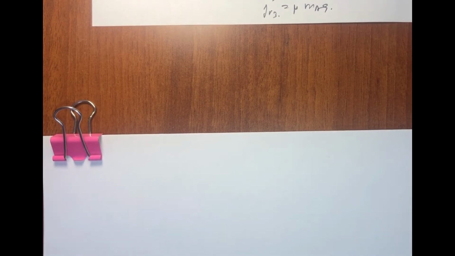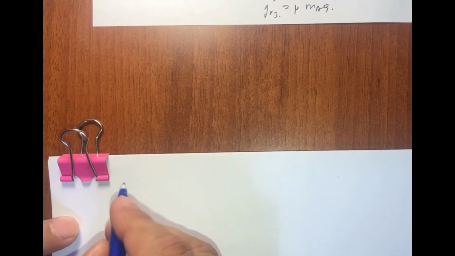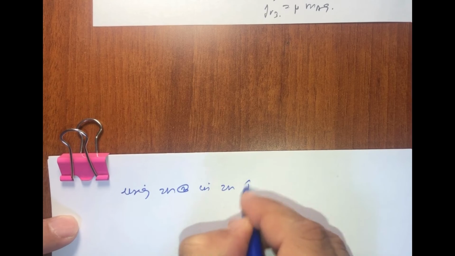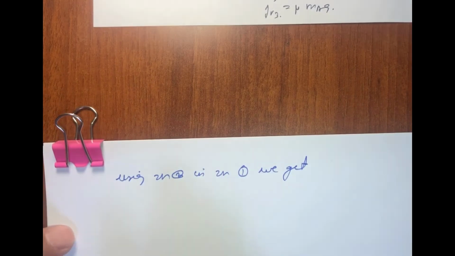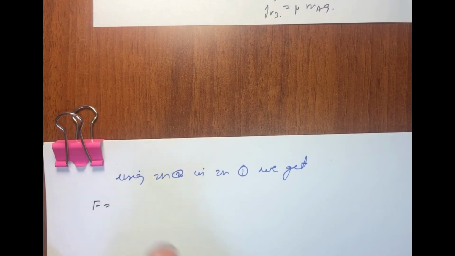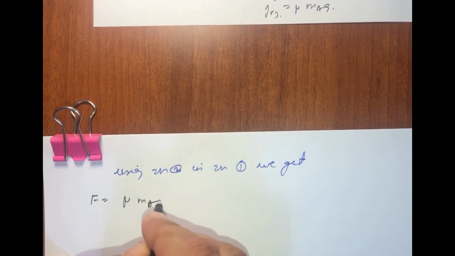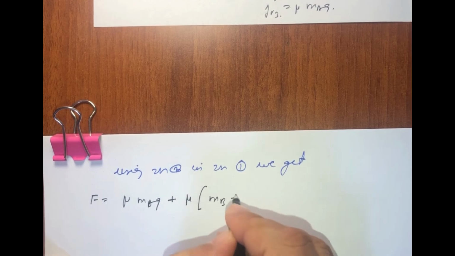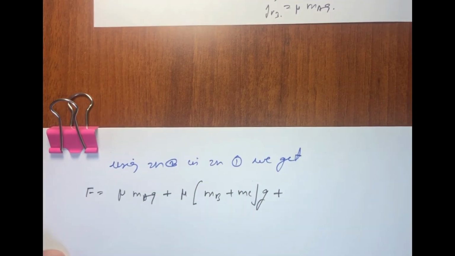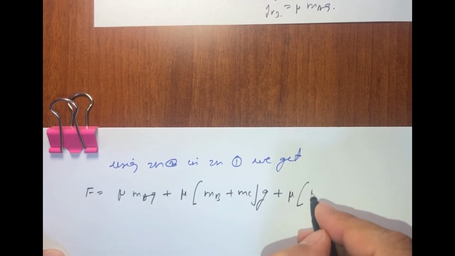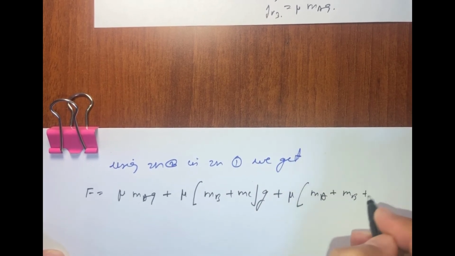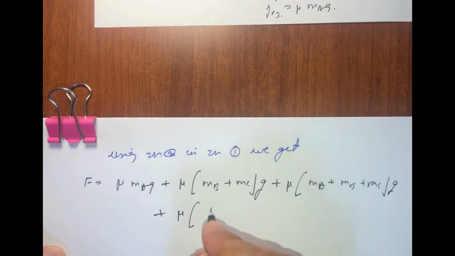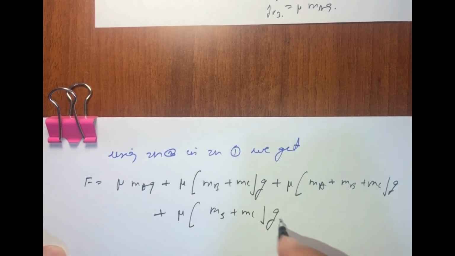So if you substitute the value of T from equation 2 in equation 1, we get F is equal to mu MA g plus mu MB plus MC into g plus mu MA plus MB plus MC into g, plus mu into MB plus MC into g.